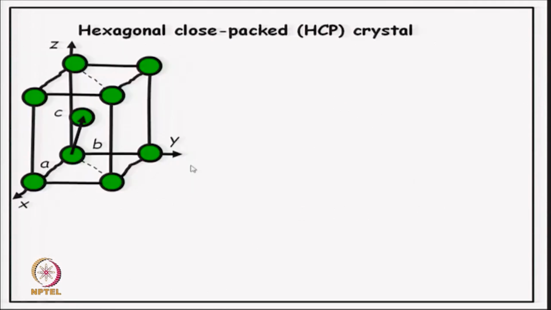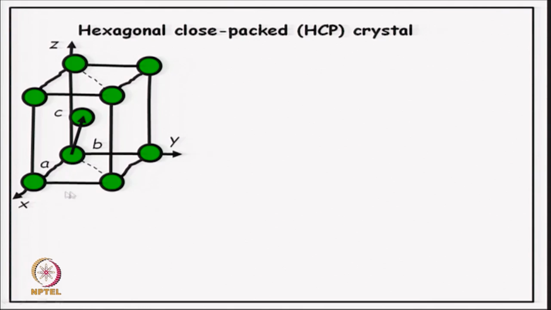So, this is our hexagonal prism. Now, we have selected one of the corners of the prism as origin and the x and y axes in the plane, forming this rhombus base, and the c axis, the z axis, is going perpendicular to this plane, and the height of the prism is c. But there is a B layer atom which is inside this unit cell.